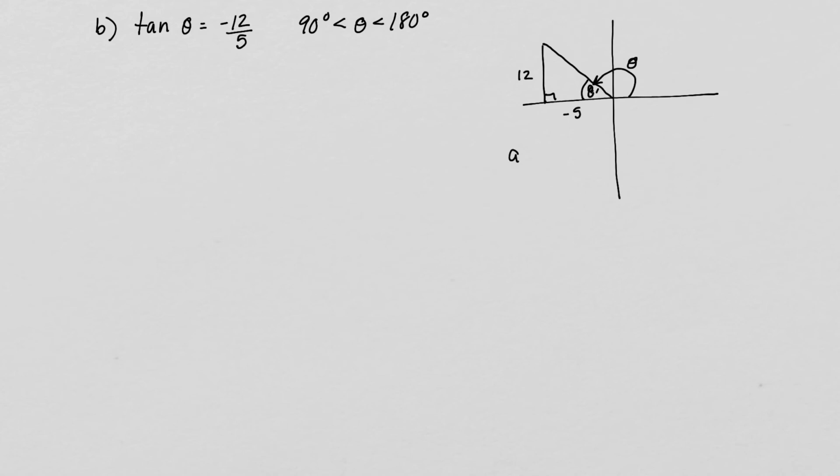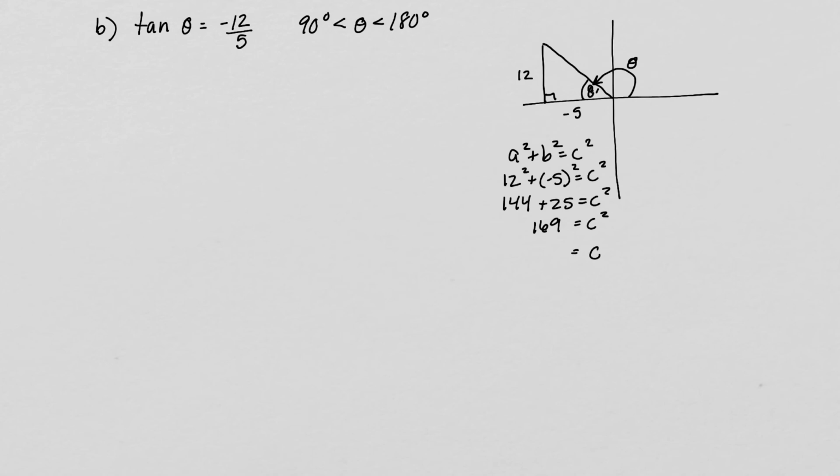So if I use the Pythagorean Theorem, a squared plus b squared equals c squared. So 12 squared plus negative 5 squared equals c squared. So 144 plus 25 equals c squared. So c squared is going to be 169.